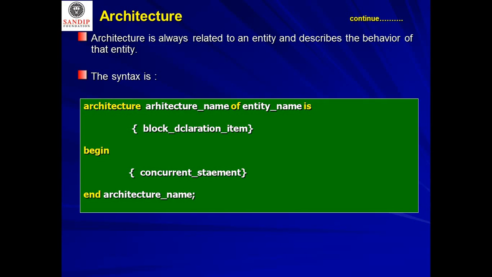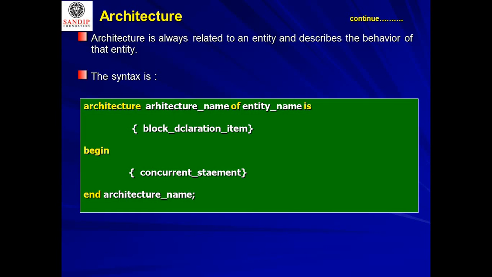Let's understand what the architecture is and what the syntax of the architecture is. Architecture is always related to an entity and it describes the behavior of that entity. Let's write the syntax of the architecture. Architecture, name of the architecture, of name of the entity, is. After that, you have to declare the block declarative part, meaning signal and variable declarations. Begin. After that, you have to describe the functionality by using concurrent statements.